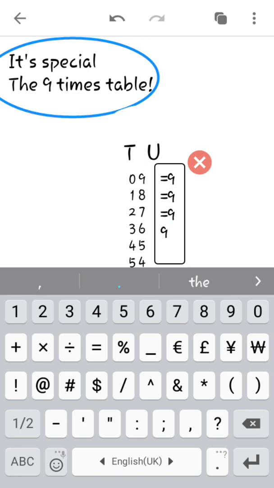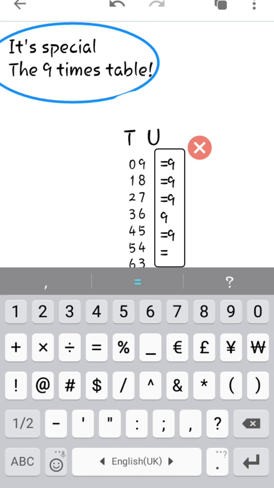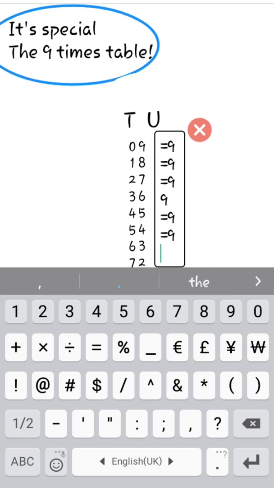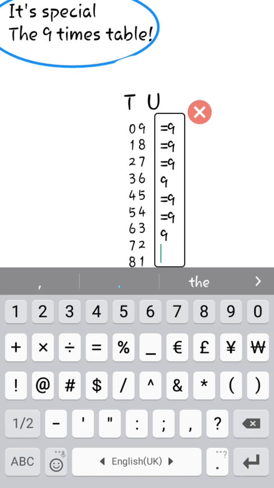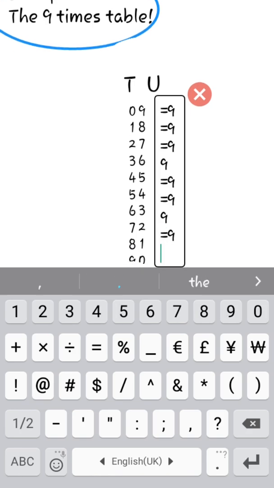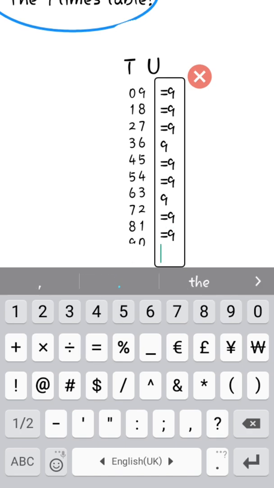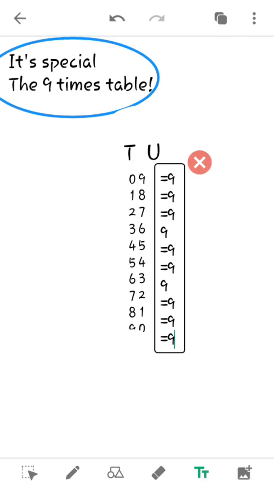Same as it is. 4 plus 5 is equals to 9. 5 plus 4 is equals to 9. 6 plus 3 is equals to 9. 7 plus 2 is equals to 9. 8 plus 1 is equals to 9. 9 plus 0 is equals to 9. So it's interesting too. Yes or no? Yes.